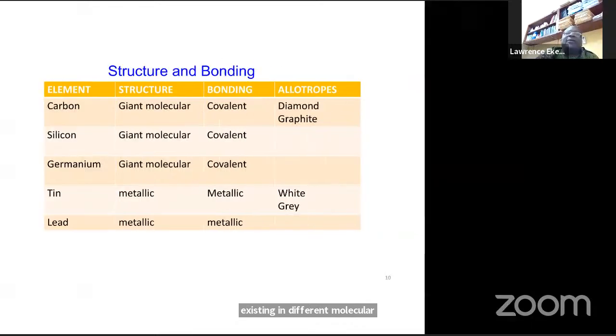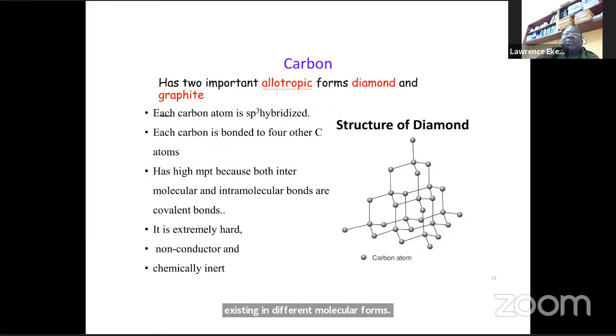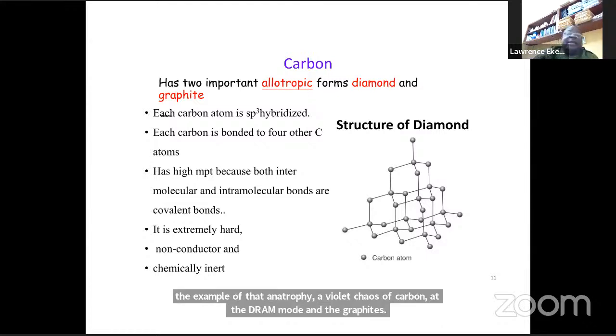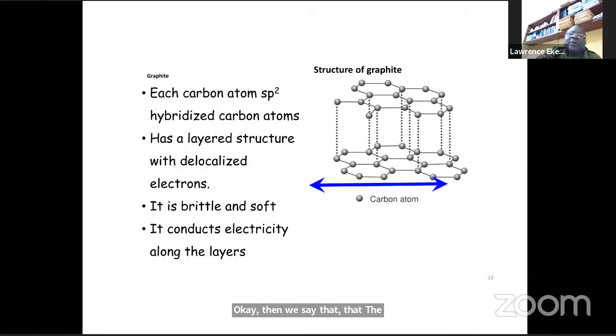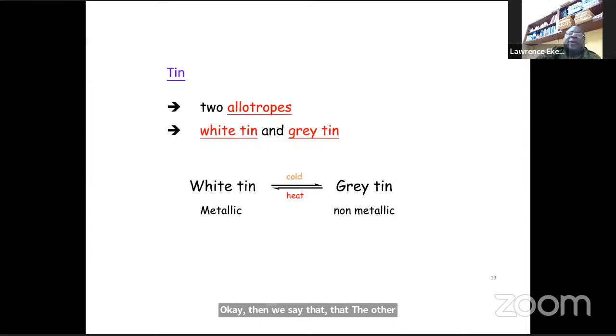Carbon, for example, exhibits allotropy, and examples of allotropes of carbon are diamond and graphite. Another example is tin, which also exists in two allotropes, the white tin and the gray tin.